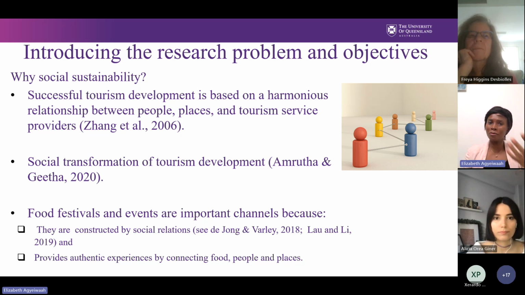Also, food is a very important tool to connect people with places. Sometimes you can know a place through the food you eat without even visiting that place. You can travel around the world through the food that you consume. So food has that transformative power and is a tool for us to promote destinations through social sustainability.